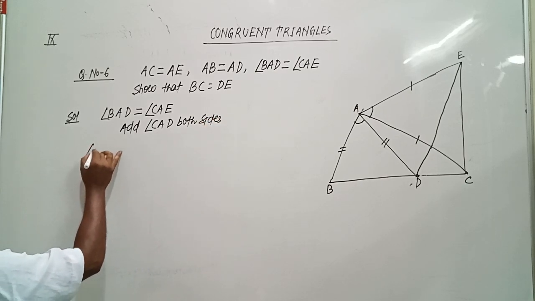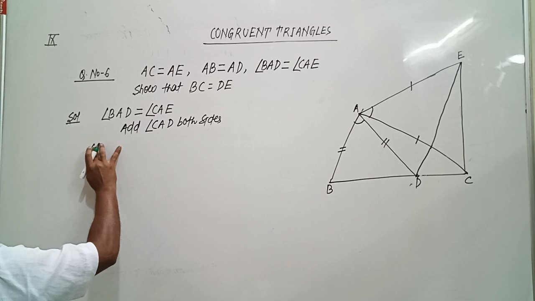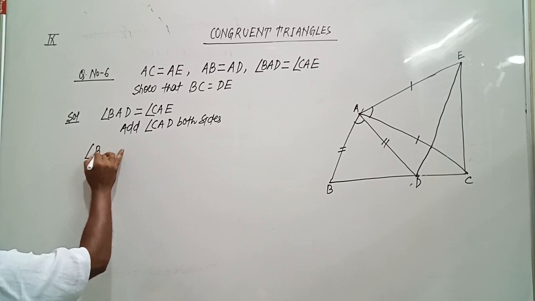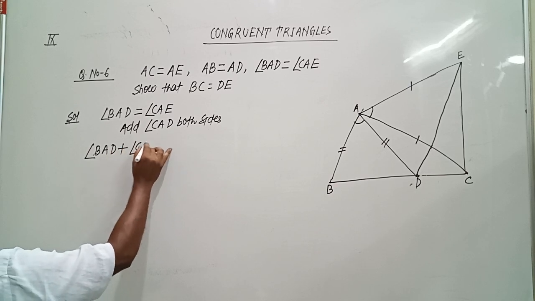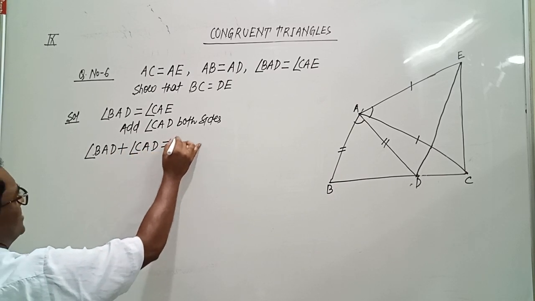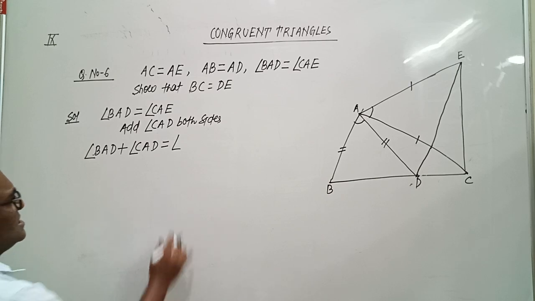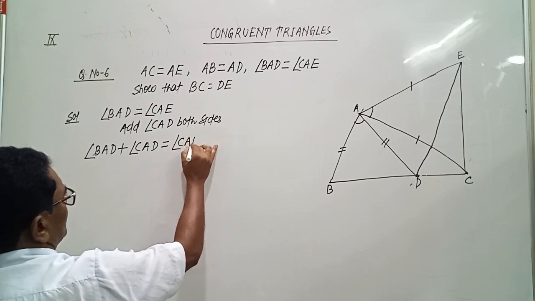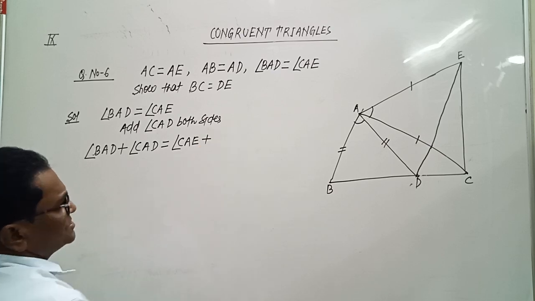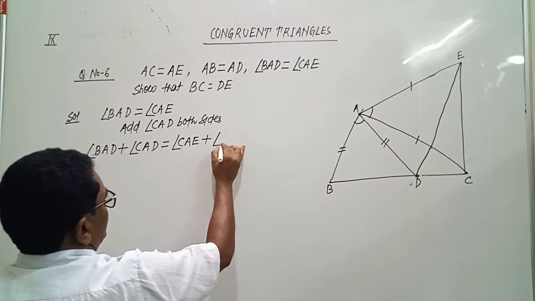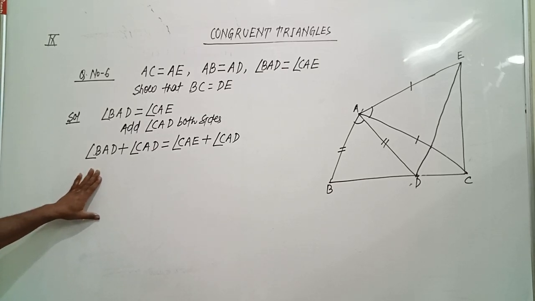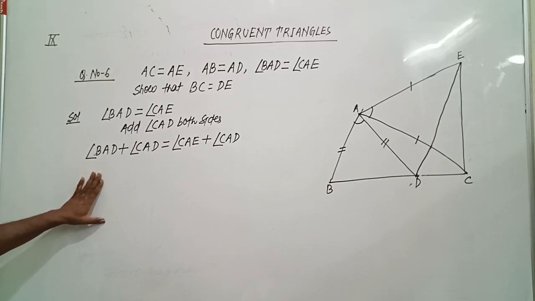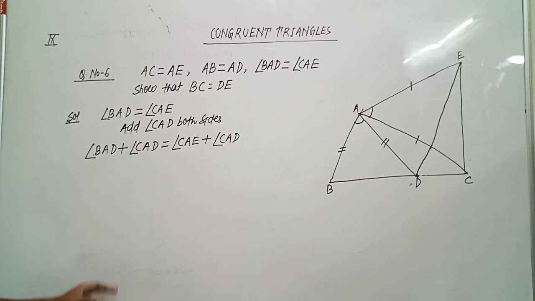So we get angle BAD plus angle CAD equals angle CAE plus angle CAD. Now BAD plus CAD is written as angle BAC.